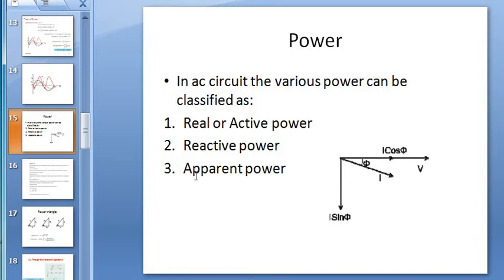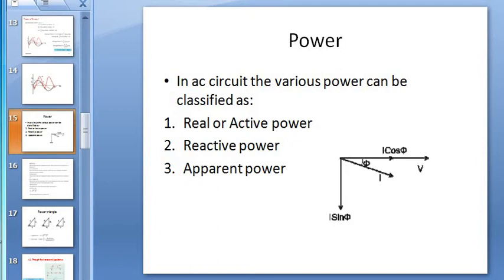The real or active power in an AC circuit is that power which does the useful work in the circuit, whereas the reactive power does not do any useful work. The apparent power is the total power in the AC circuit.